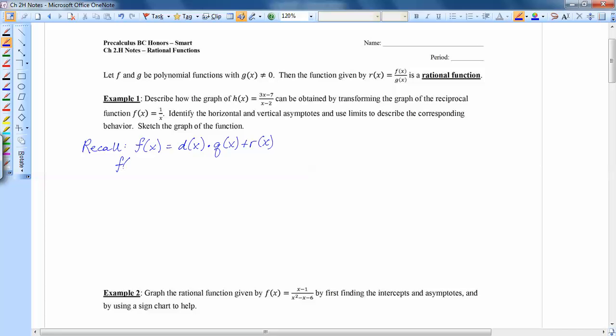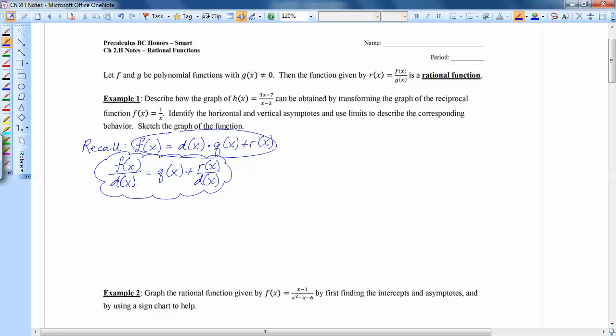This is what you were probably more familiar with from last year: if I give you a division problem, that's the same thing as taking this whole thing and dividing both sides by d of x. So you're left with the quotient plus the remainder divided by the divisor. Okay, so right now we're going to actually use this idea a little bit.